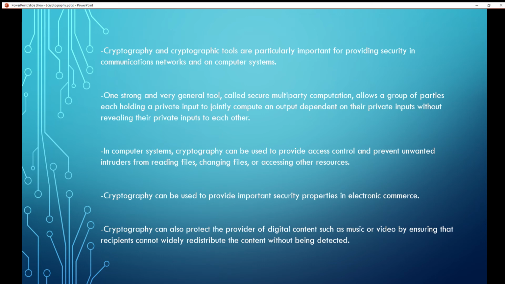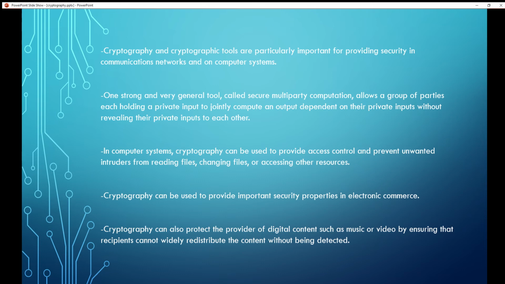Cryptography and cryptographic tools are particularly important for providing security in communications, networks, and on computer systems. One strong and very general tool, called secure multi-party computation, allows a group of parties, each holding a private input, to jointly compute an output dependent on their private inputs without revealing their private inputs to each other.